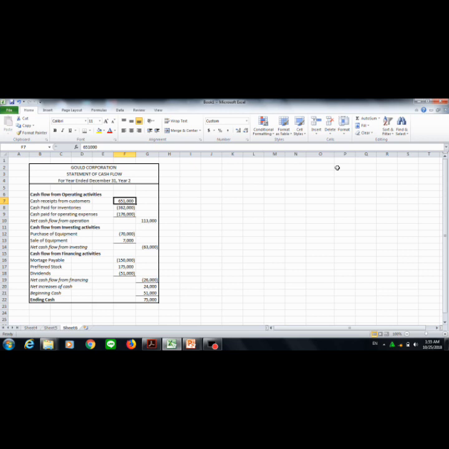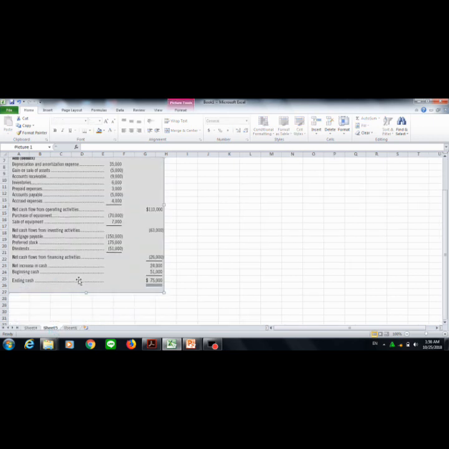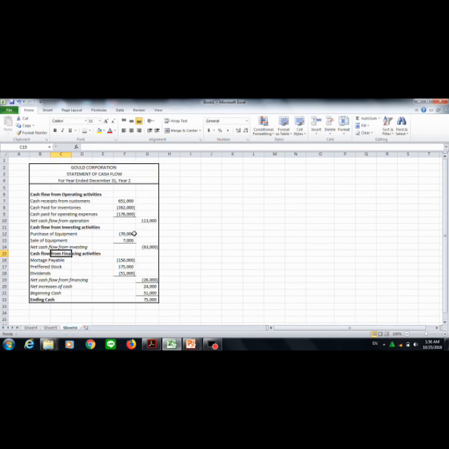So this is the cash flow of direct method. We have three sections here: operating activities, investing activities, and financing activities. Like what I told you before, the investing activities and financing activities are the same as the indirect method. As you can see, purchase of equipment 70,000, sale of equipment 7,000, same.